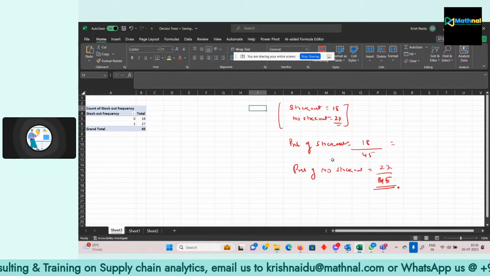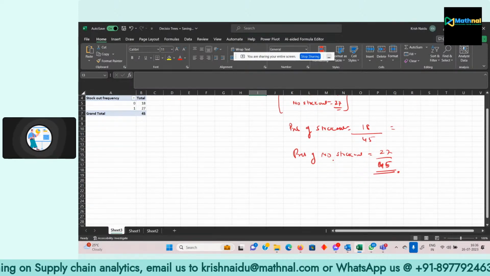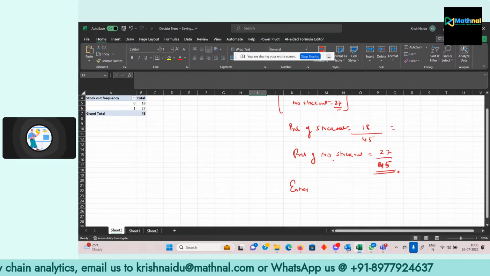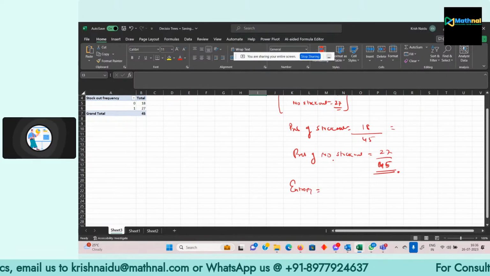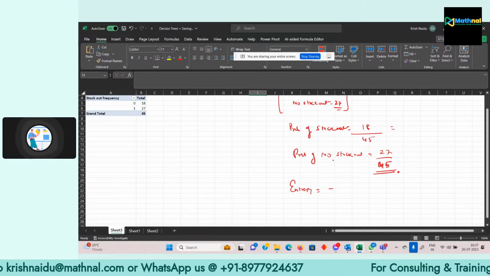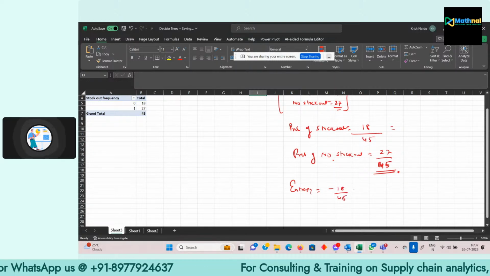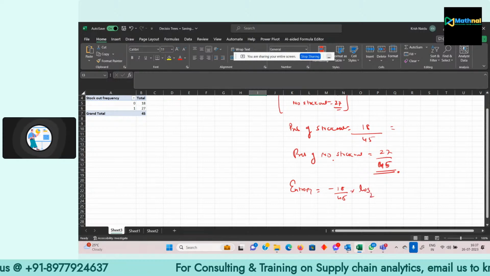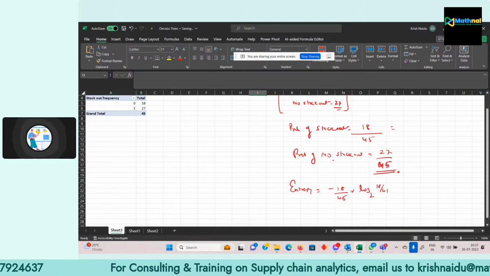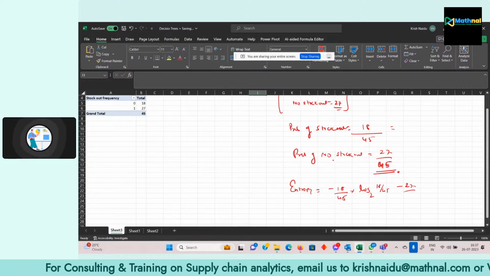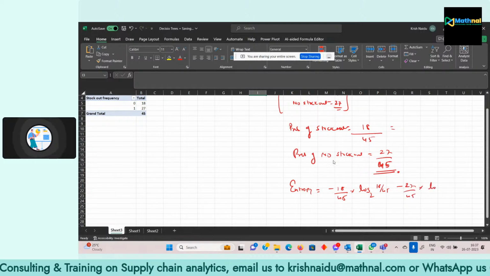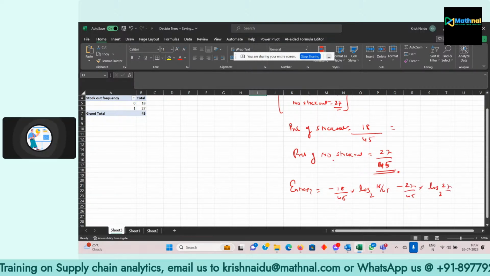So this is what we have, and the computation for entropy is minus 18 by 45 into log to the base 2 of 18 by 45, minus 27 by 45 into log to the base 2 of 27 by 45.